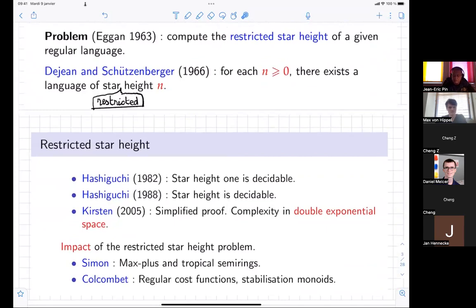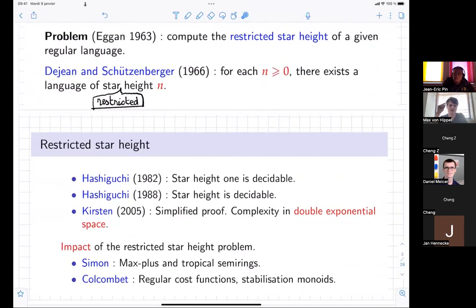So restricted star height 1 is decidable, meaning that I can decide whether a language has restricted star height 1. And later on, Hashiguchi proved that restricted star height is decidable. So for each n, you can decide whether a language has star height n.